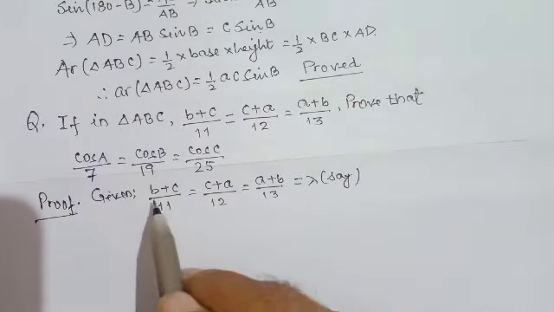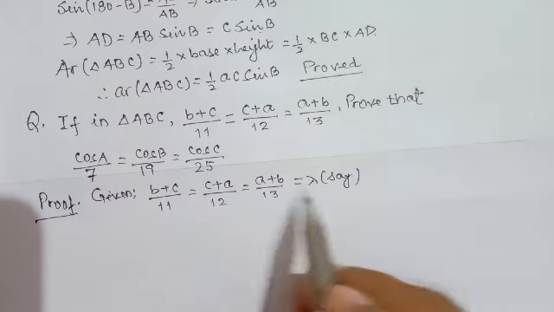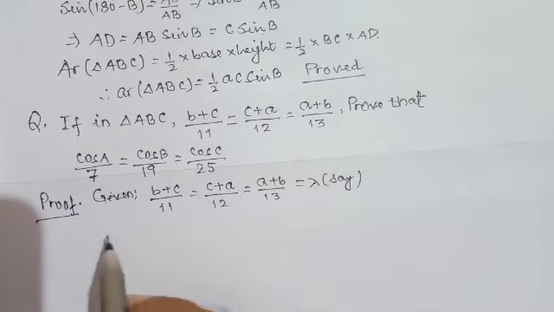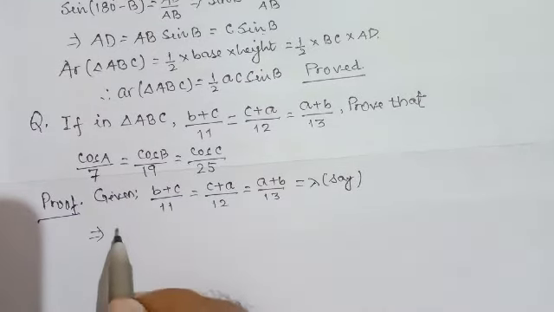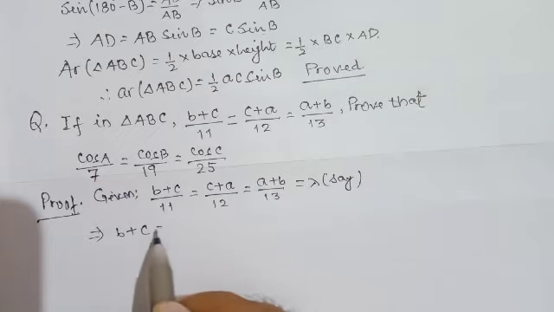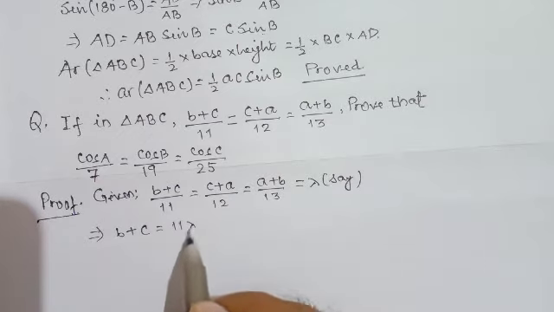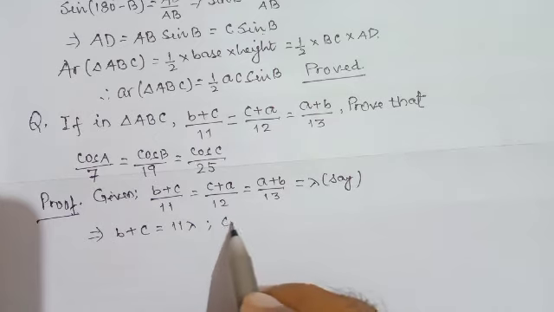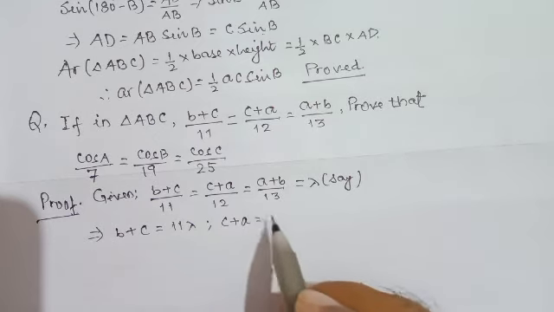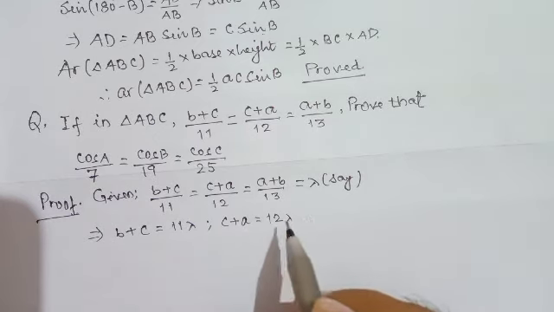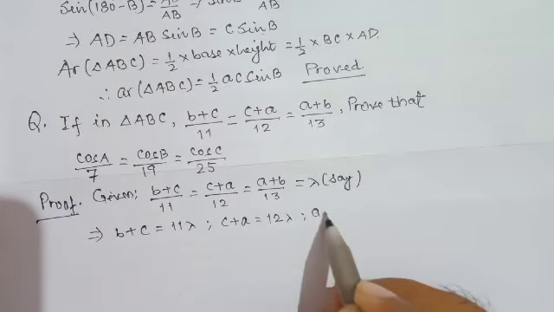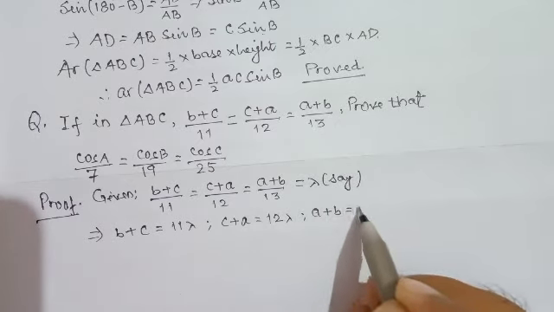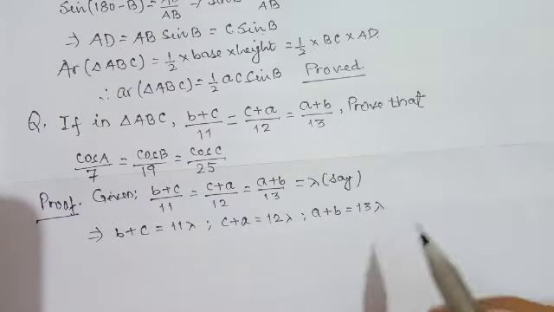It means (B plus C) upon 11 is equal to lambda. So B plus C is equal to 11 lambda. Similarly, C plus A is equal to 12 lambda, and A plus B is equal to 13 lambda.